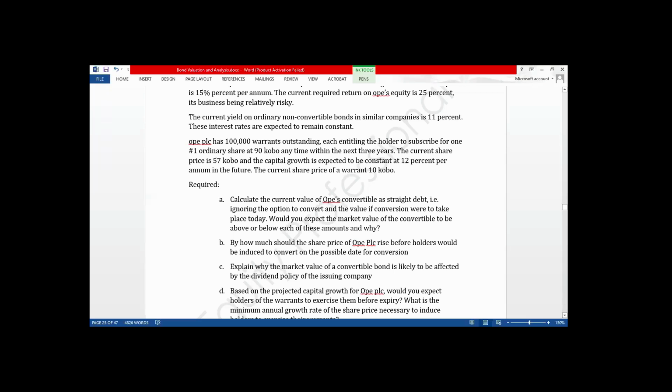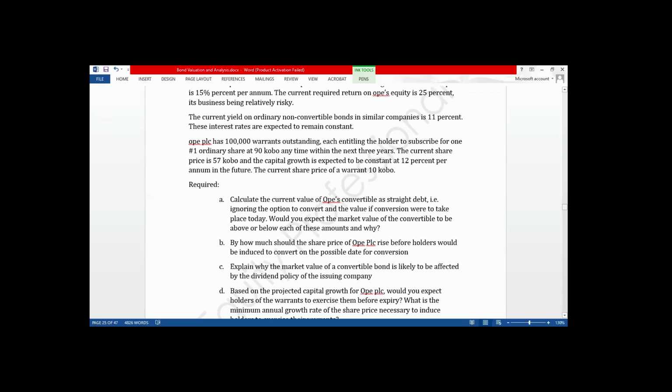Remember, convertible bonds contain elements of debt and equity shares. And definitely, dividend policy will affect the price of equity shares. Dividend policy of a company has impact on the price of equity. That means indirectly, dividend policy will affect market value of convertible.